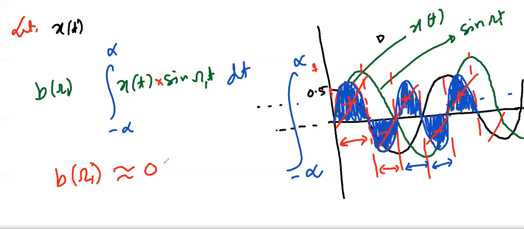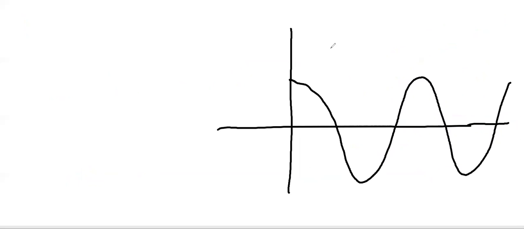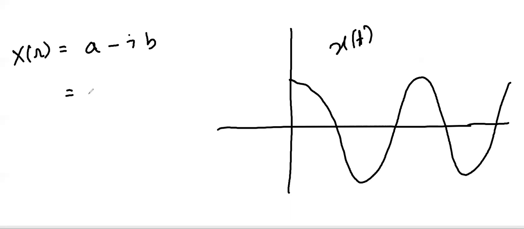So if you can recall the whole process, in case of this kind of signal, it's very important to understand what kind of signal this one is. This is x(t), that is unknown. What we have found here, we have found two things. Our X(omega) is equal to, let's say, A minus jB. What is A?